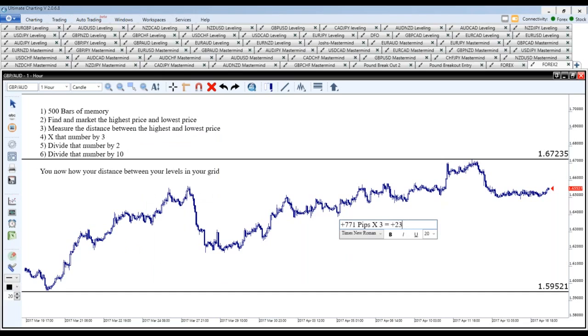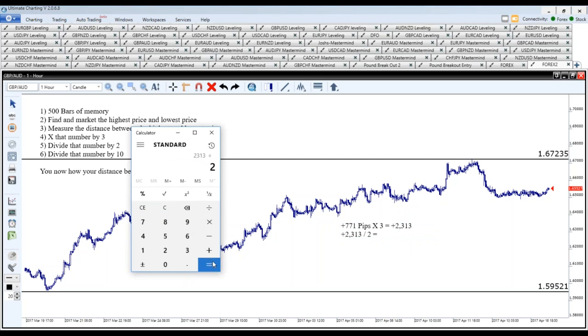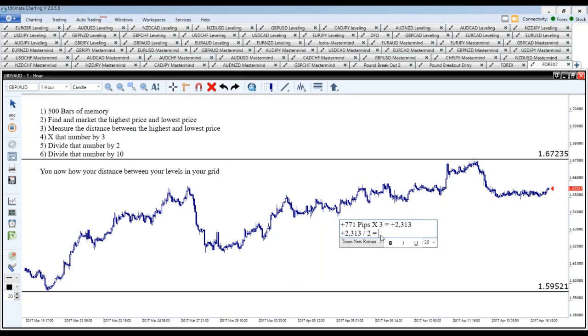So 2313. Now I'm going to take 2313 and divide that number by 2. What's that? 2313 divided by 2 is 1156. So 1,156.